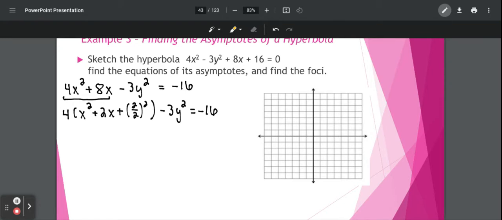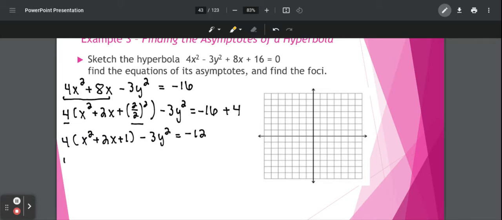But remember, we're adding 4, and this 4 is being multiplied by this 1, so we're really adding 4 to the left, which means we're adding 4 to the right also. And so if we simplify this, we get 4 times, this is x squared plus 2x plus 1, minus 3y squared equals negative 12.